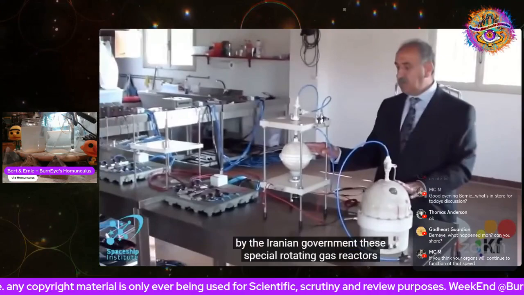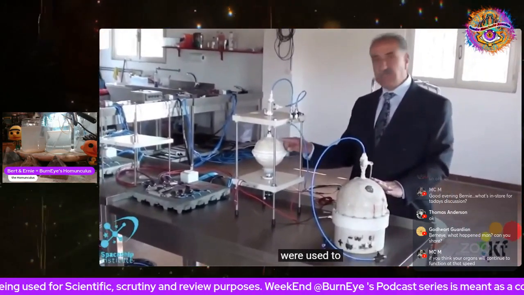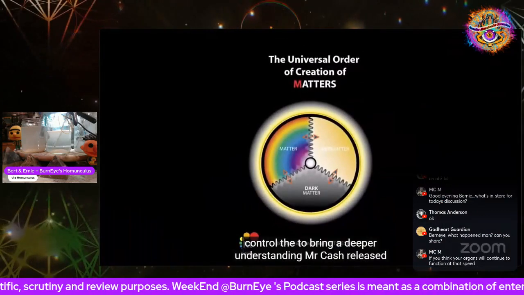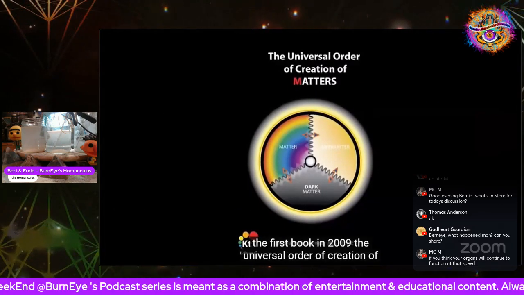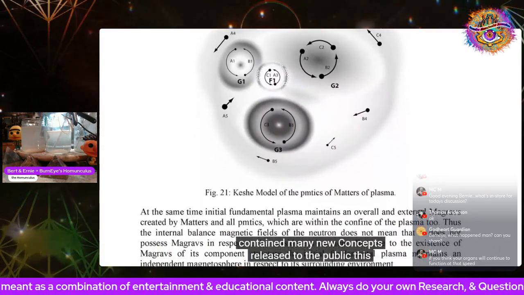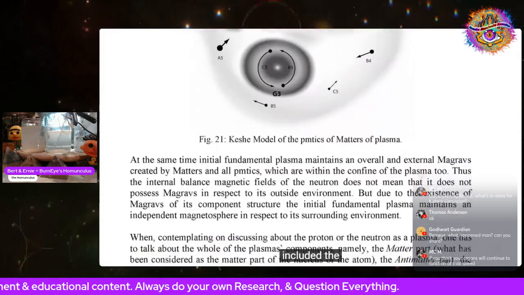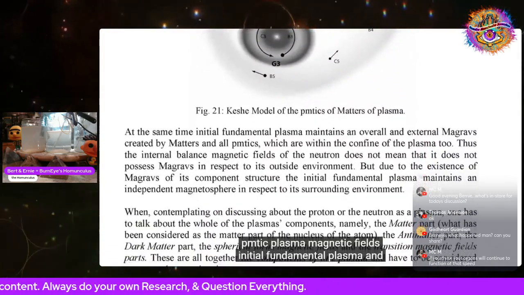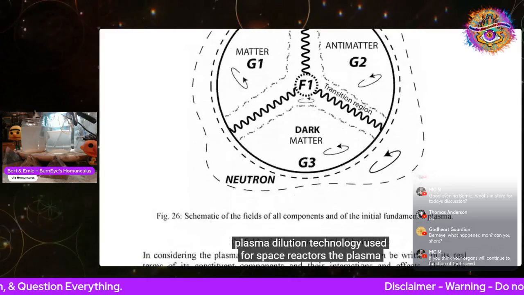These special rotating gas reactors were used to control the plasma. To bring a deeper understanding, Mr. Keshe released the first book in 2009, The Universal Order of Creation of Matters, which contained many new concepts released to the public. This included the PMTIC plasma magnetic fields, initial fundamental plasma and plasma dilution technology used for space reactors.